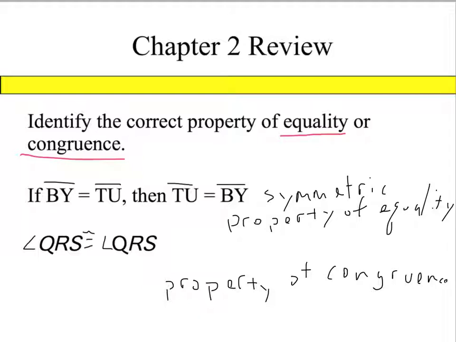Angle QRS is going to be congruent to angle QRS. Well, we know that from our identity. That's our identity property of congruence. So don't forget our properties of equality and properties of congruence. Make sure you remember those from past lessons in chapter 2. Review that. Awesome.